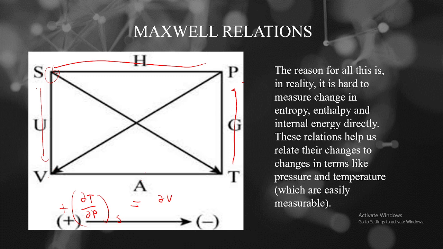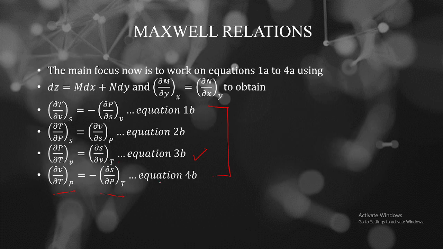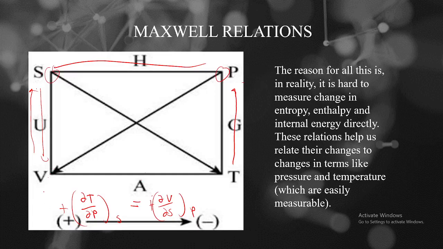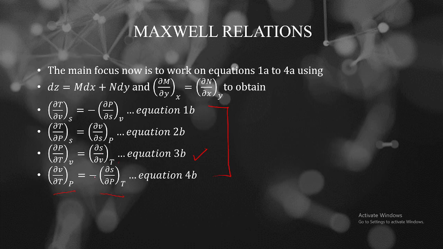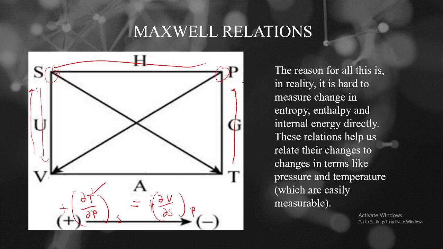So del V, now I can go in the reverse because I don't want to come back again. I've used all the letters. I can go in the reverse now. So del V, if I'm going in the reverse, del S at constant P. Once again, I'm not ending at an arrowhead, so this will be positive, and this will give us 2B. So del T, del P at constant S, that's the left hand side, is equal to del V, del S at constant P from 2B, that's the right hand side.